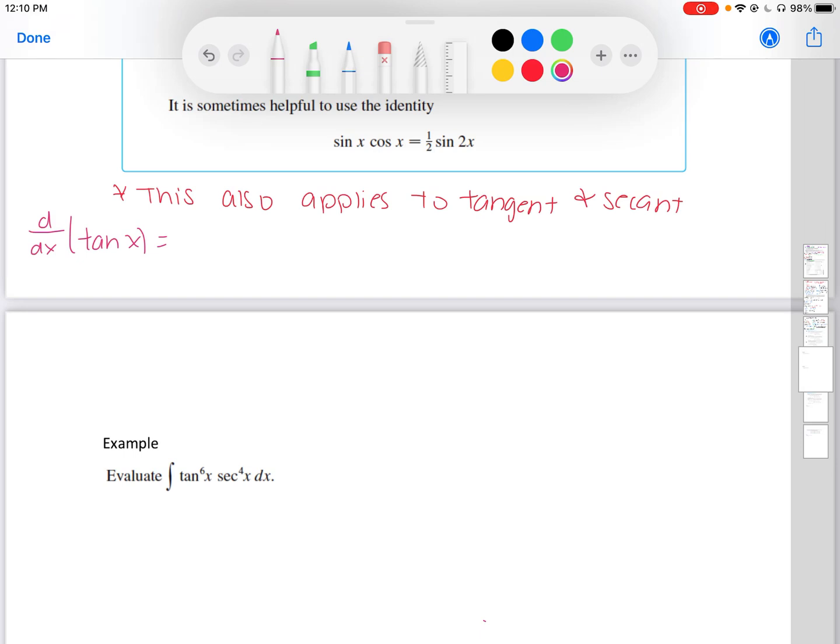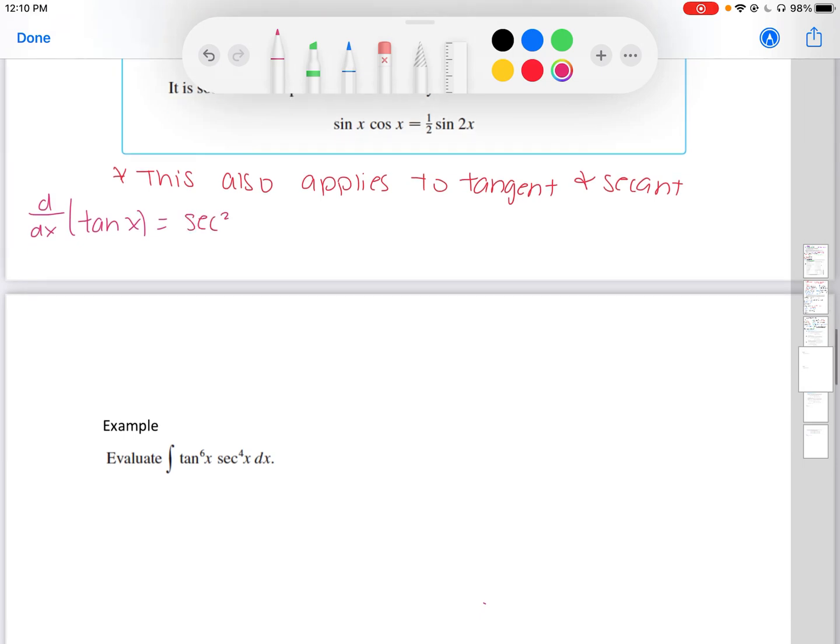The derivative of tangent is secant squared x. The derivative of secant is equal to secant of x times tangent of x.